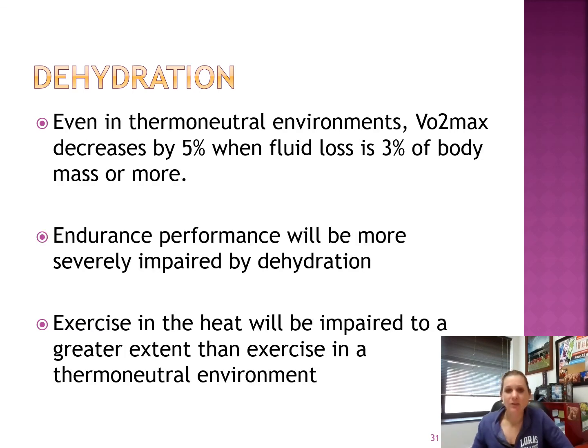Okay. So even in thermoneutral environments, VO2 max will decrease by 5% if we lose 3% of our body mass or more. Okay, so again, for your 150-pound person, losing a little over 4 pounds can cause a substantial decrease in their aerobic capacity. That's super easy to do, I can tell you that.